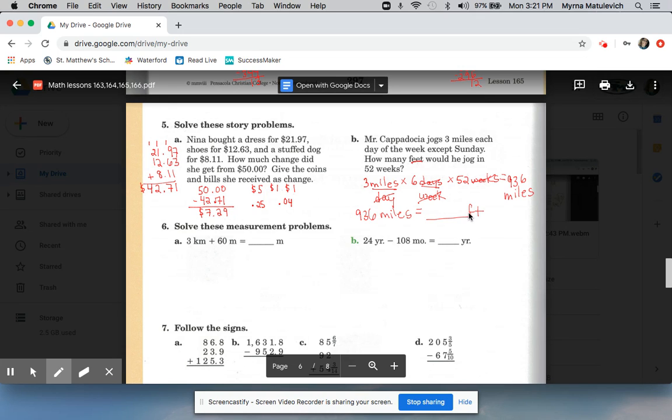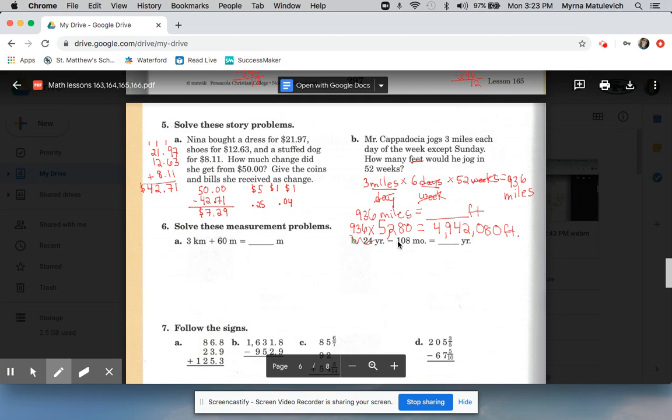Horse to fly multiply. And 936 times 5,280, because there are 5,280 feet in a mile, equals 4,942,080 feet.